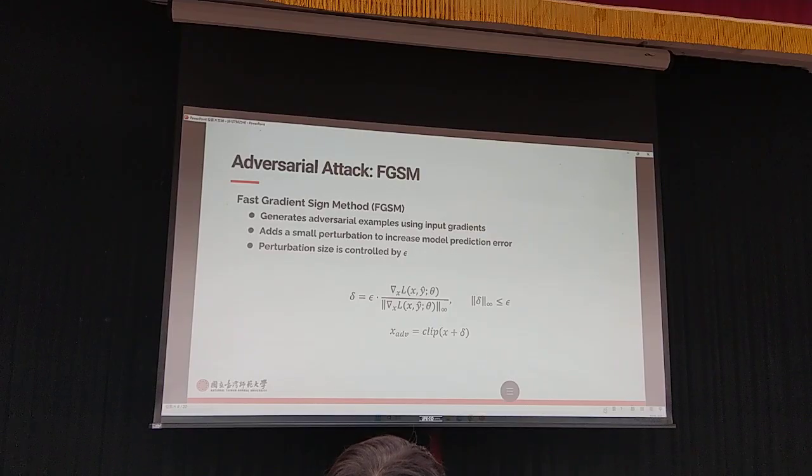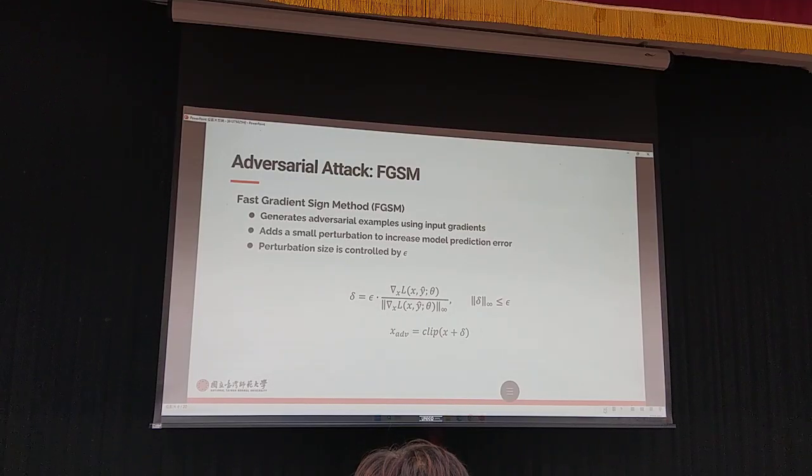To evaluate this vulnerability, I used FGSM as the attack method. FGSM generates adversarial examples using the gradient of the loss with respect to the input. This gradient indicates how the input should be changed to increase model error.